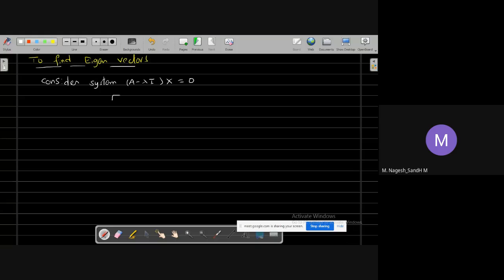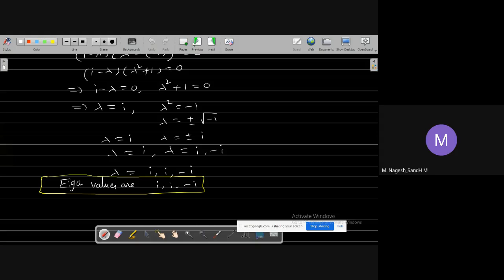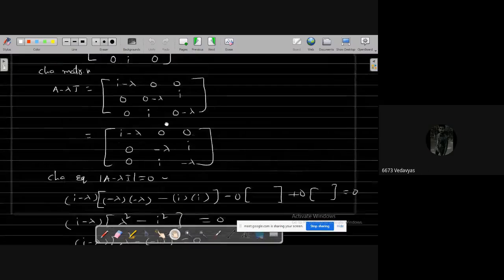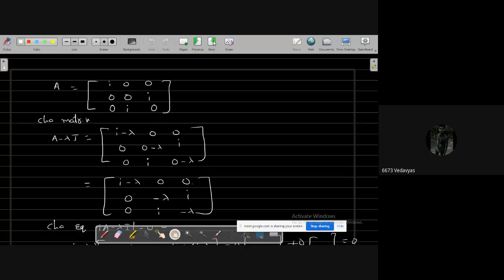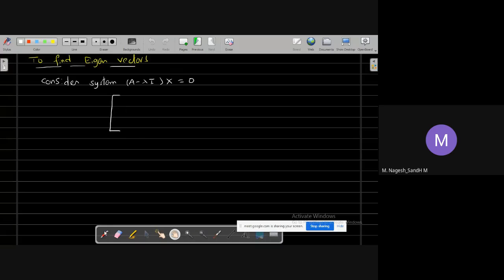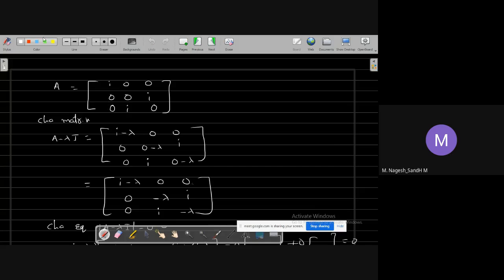So what is A minus lambda I? i minus lambda, 0, 0. Next 0, minus lambda, i. Next 0, i, minus lambda. This is the matrix we have written.